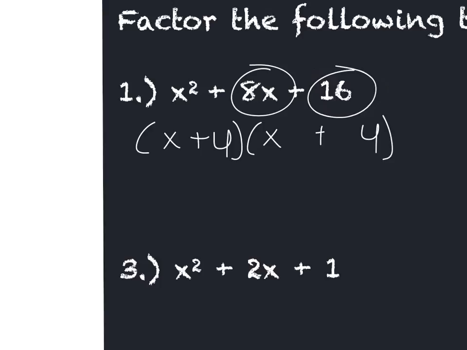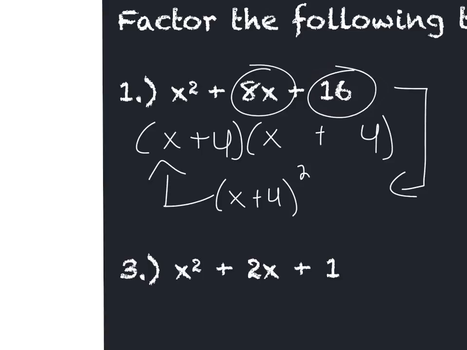Now this is called a perfect square trinomial. Why? Well, because our two factors are the same. We could rewrite it as x plus 4 squared. X plus 4 squared is the same thing as x plus 4 times x plus 4. So this is what we would call a perfect square trinomial, where our two factors are exactly the same.